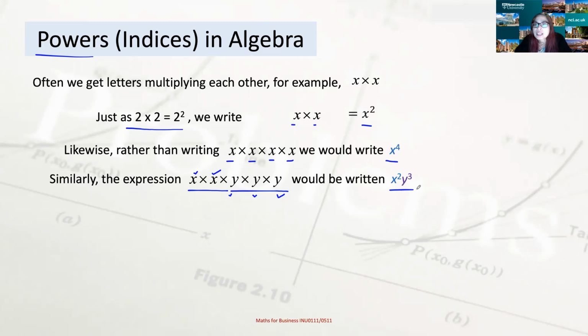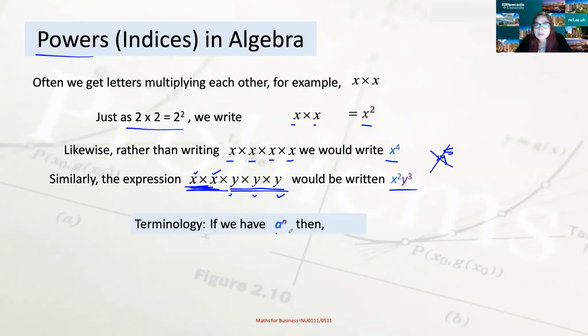Be careful here, guys, because x and y are different. So you can't add the powers together. It's wrong to write xy to the power of 5, because x and y are different variables. You can only add the powers if the base is the same.